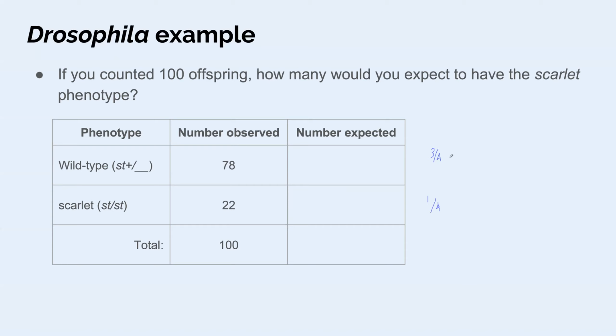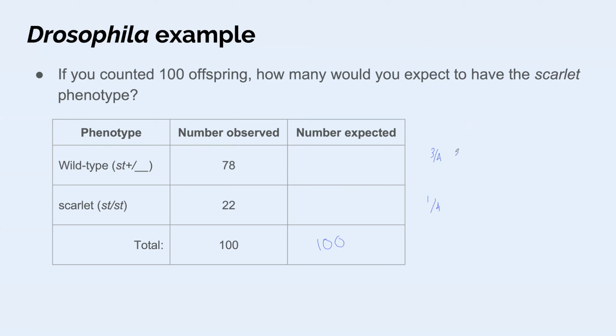So we're going to do an example that has 100 fruit flies. If we had 100 fruit flies, we're going to imagine that we knew we were going to get 100 fruit flies and anticipate how many of those would have been wild type phenotype and scarlet phenotype.